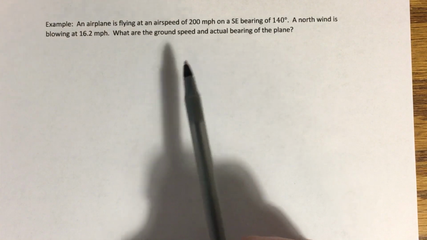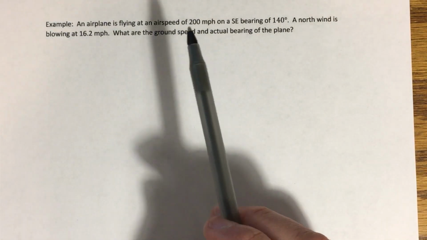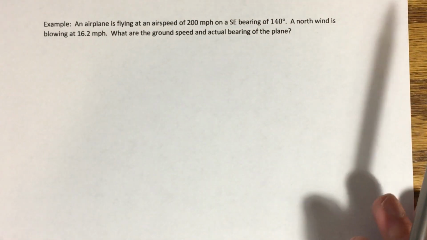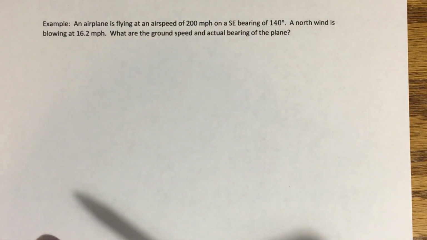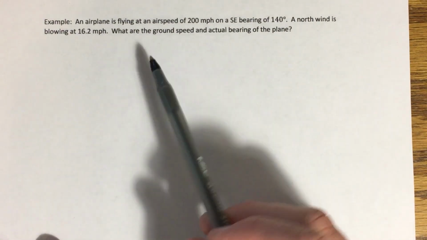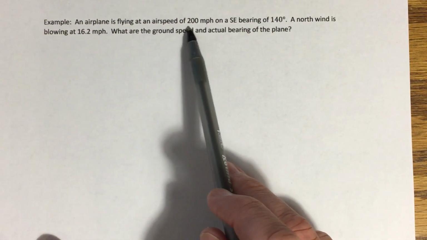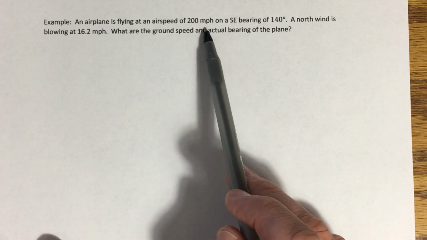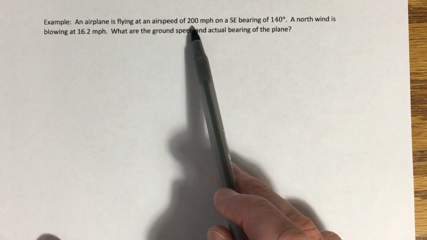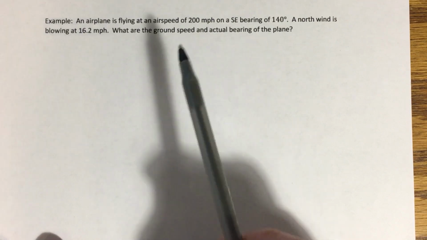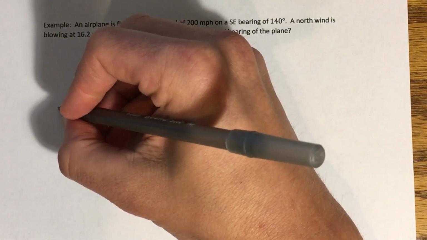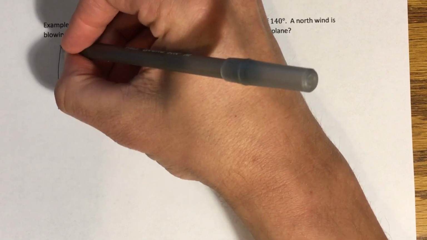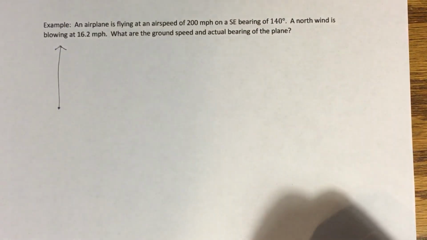So first of all, vectors, we said, can represent forces. They can also represent velocities. They're very commonly used for that as well. A velocity is the speed of something with direction. So if an airplane is flying at a 200 mile per hour airspeed with a southeast bearing of 140 degrees. First of all, when we talk about bearing, bearing is an angle measured from north.